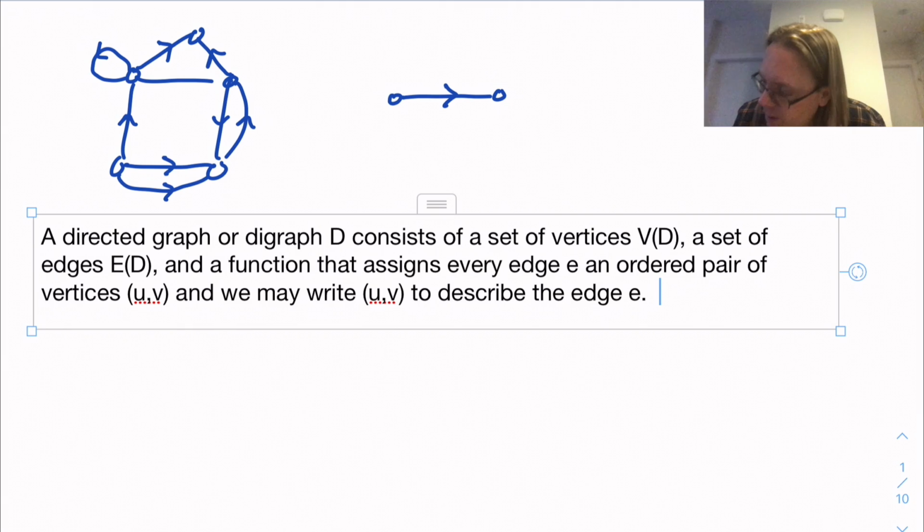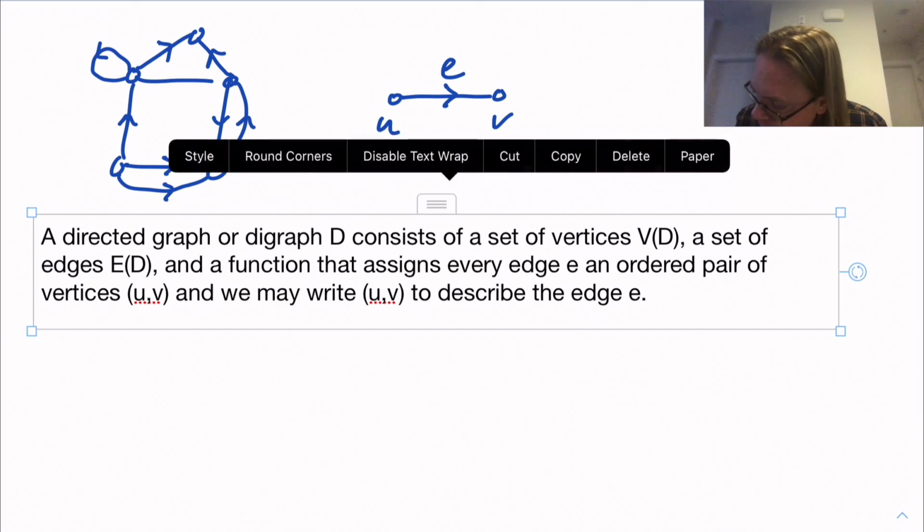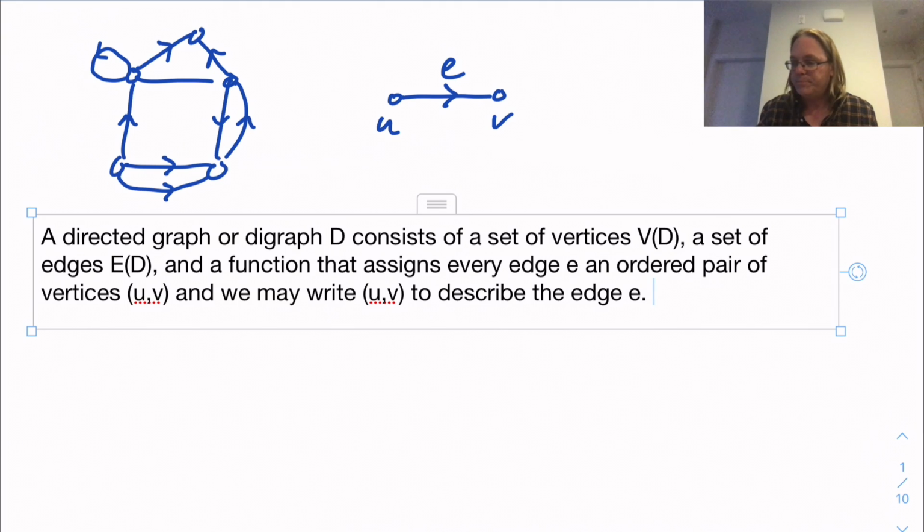So let me draw a picture here. Here's E, and here's U, and here's V. This is all I'm describing here.